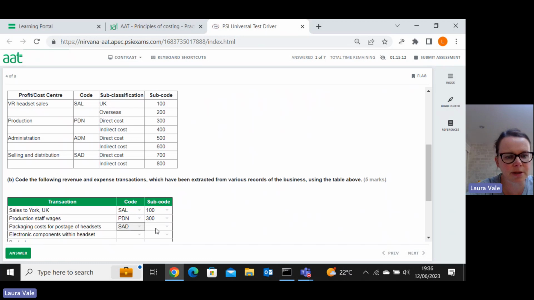selling and distribution, except I've just looked at the answer and they've actually put that one in as a direct cost. Which is a puzzle. 700 for a direct cost, for packaging costs for postage of headsets.